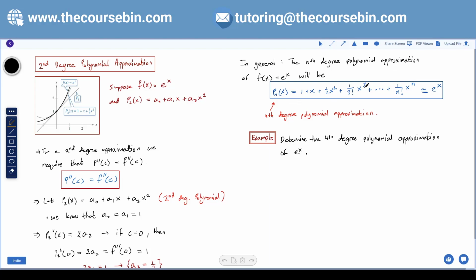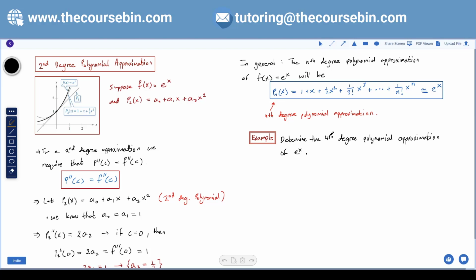So just keep in mind, when we say the nth degree polynomial approximation, we're talking about building the polynomial up until the nth degree, right? So first degree polynomial approximation means these two terms, because this is linear, first degree polynomial, right? Okay. Right, so in this case, we want the fourth degree, okay?